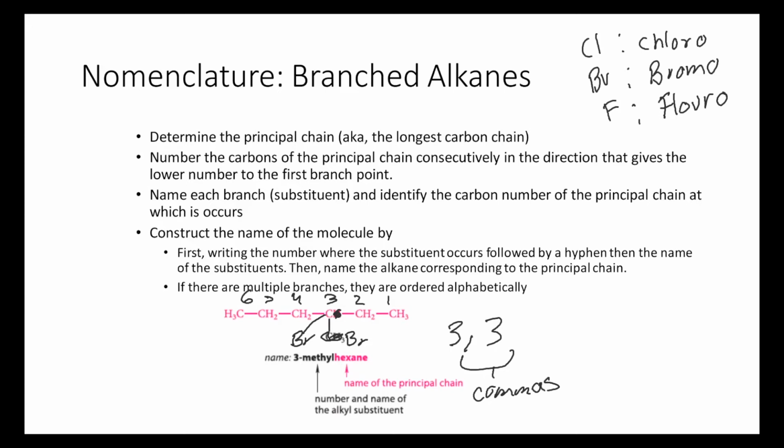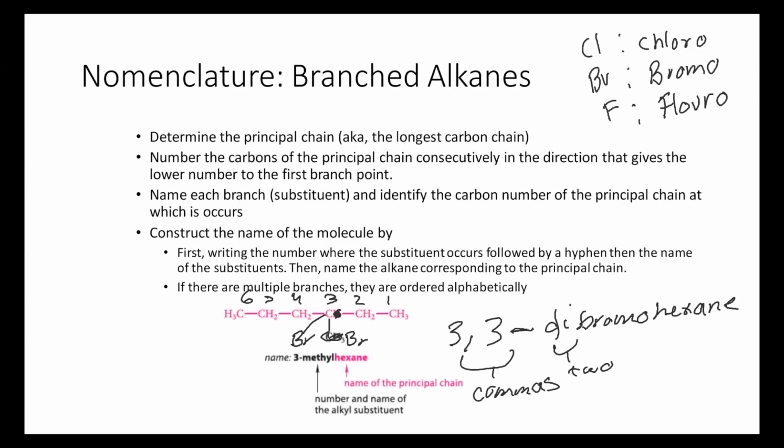Sorry for my handwriting again. So 3,3, then a dash, because we add words with hyphens or dashes, whatever you want to call it. Then it's bromo, but there are two bromos. The way we say that is by adding "di", for 2: dibromohexane, because the parent chain is still the same.